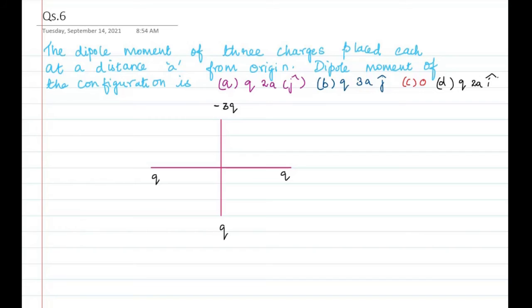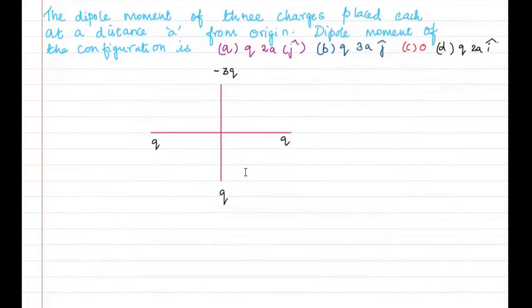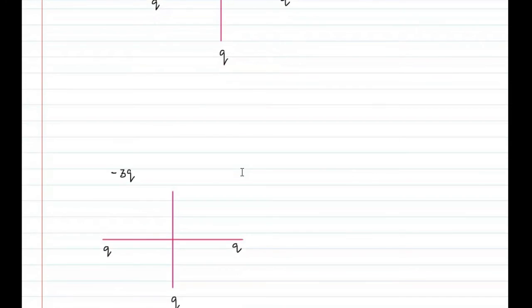So in this question, three charges are placed each at a distance a from the origin, and we need the dipole moment of this configuration. You can write this minus 3q as minus q, minus q, minus q.